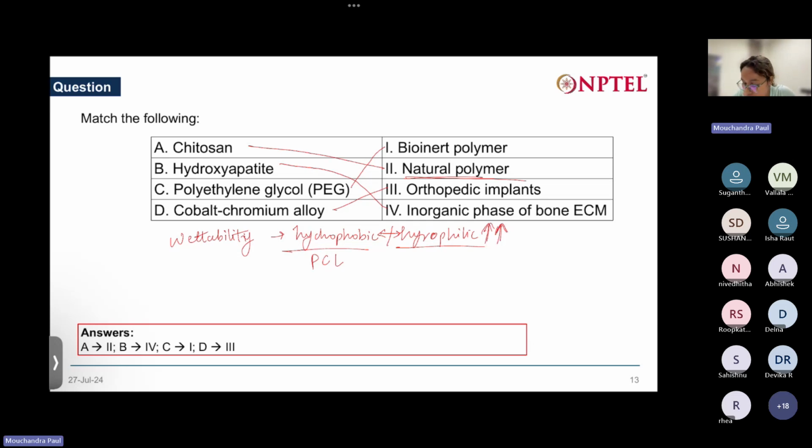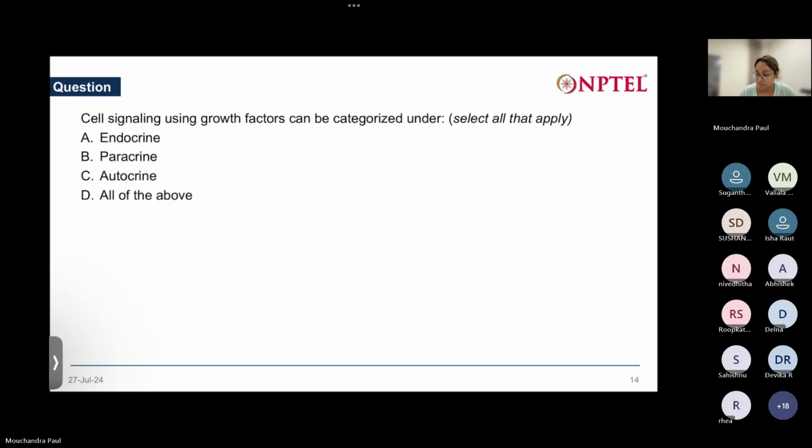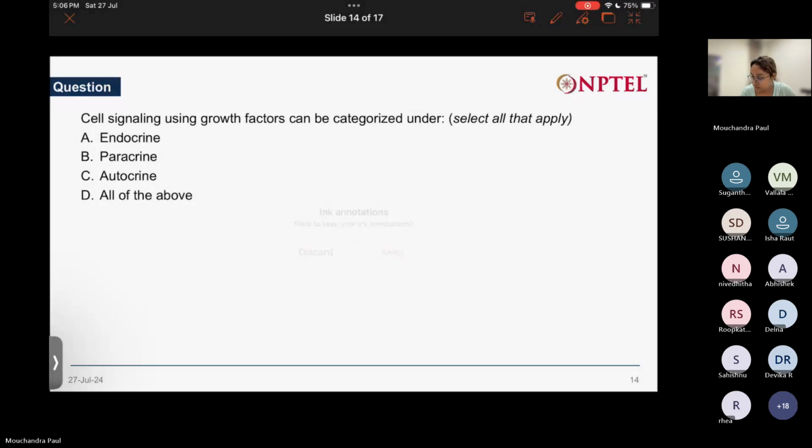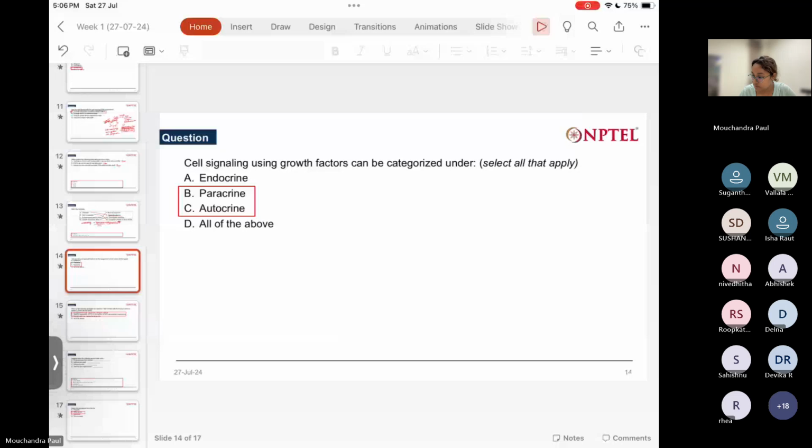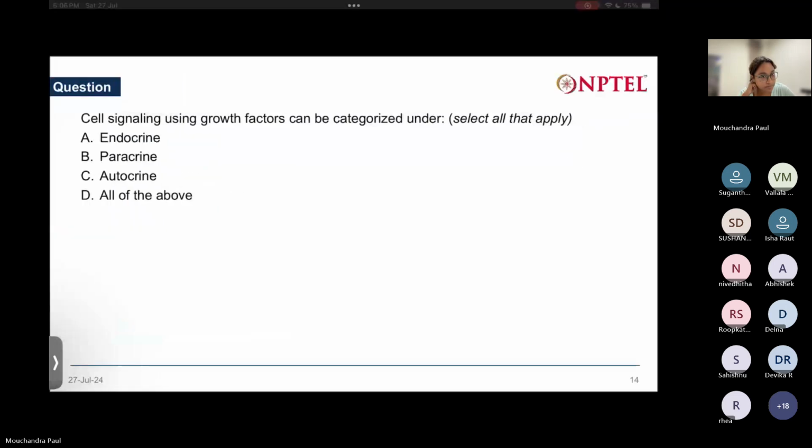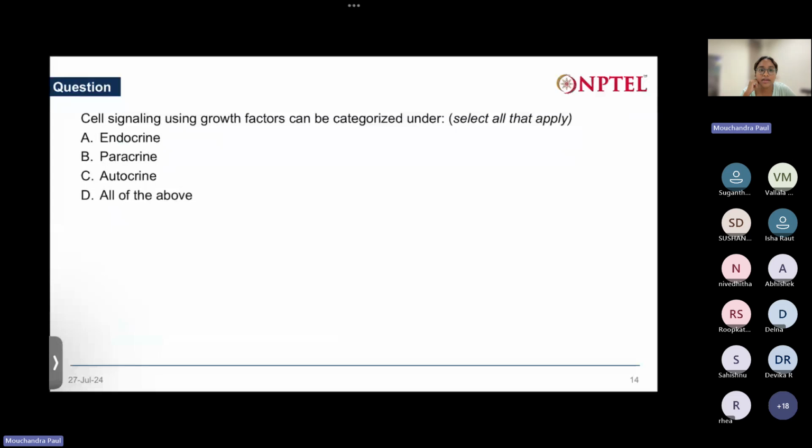So this is another question I have. Cell signaling using growth factors can be categorized under. You have to select multiple options. It can be of endocrine nature, paracrine nature, autocrine, or all of the above. There can be more than one correct answer here.